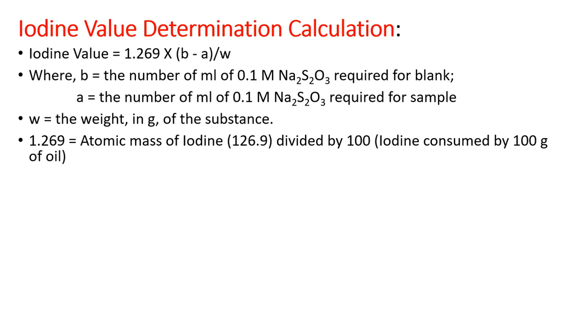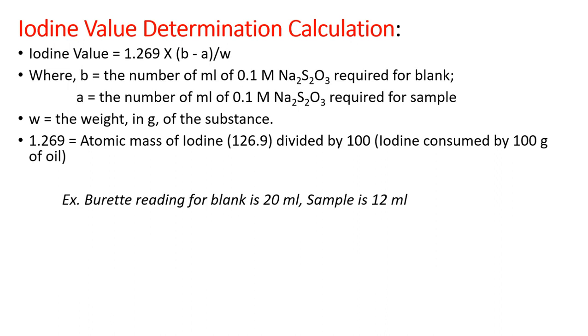So 1.269 appeared by dividing the atomic mass of iodine by 100, and 100 is the grams of oil to which the iodine value will be expressed. Remember, we are going to take only 1 gram, but we will be expressing it for 100 grams. So we are dividing it by 100.